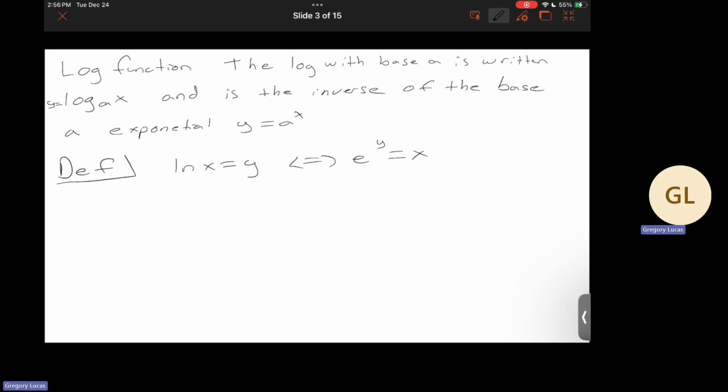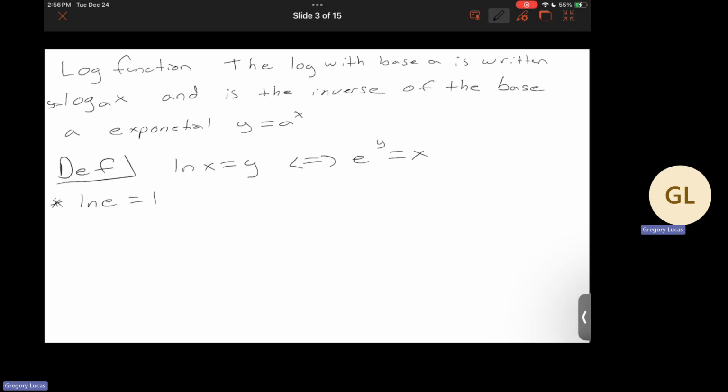And one helpful property we're going to use a lot in this class, not super related, but since we're talking about logs, we should note that the ln of e is equal to 1. If I have base e and I take the natural log, if I have e to some power equaling e, clearly it would have to be 1.